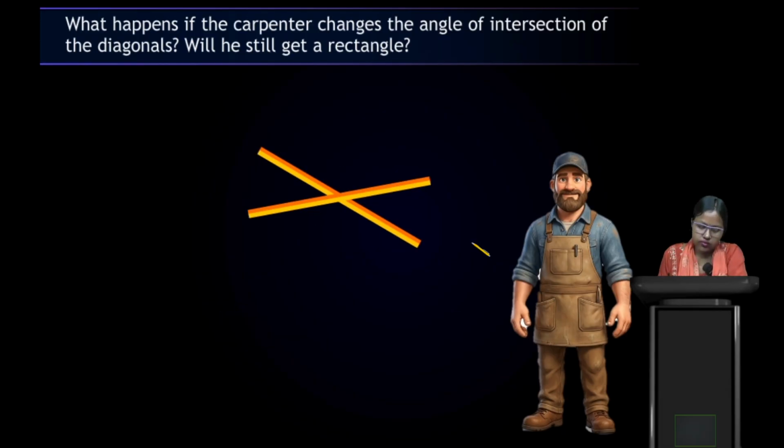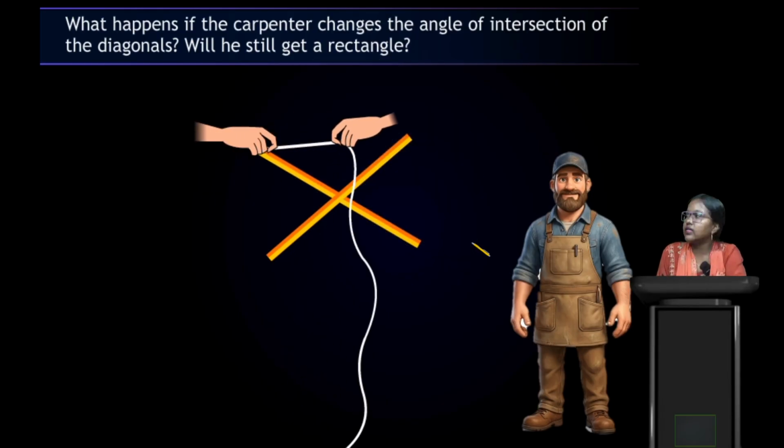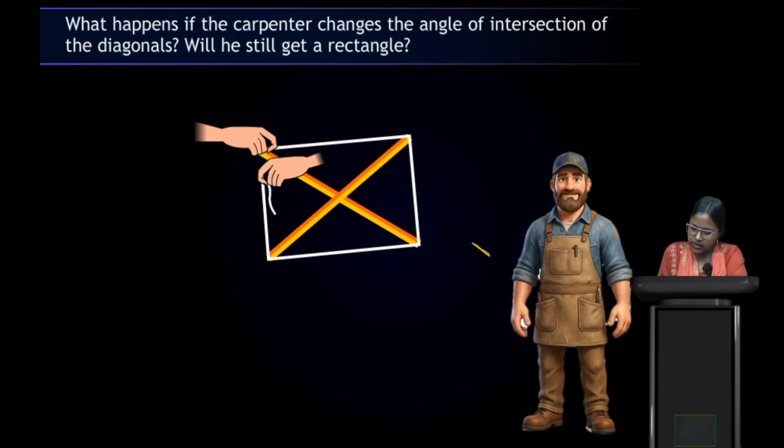This is the condition. Again you see, he changed the angle again. He made it 70 degrees instead of 60. It was 60, that time also the same. When it was 40, that time also the same. Again when it is 70, we are still getting a rectangle.